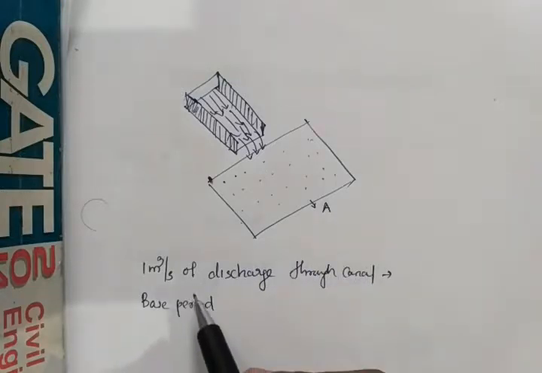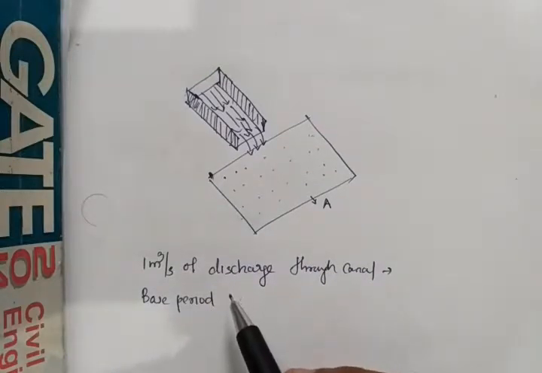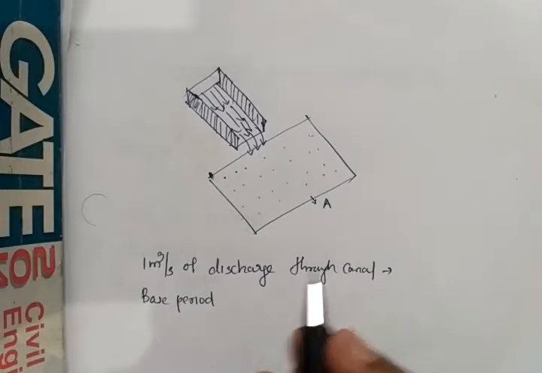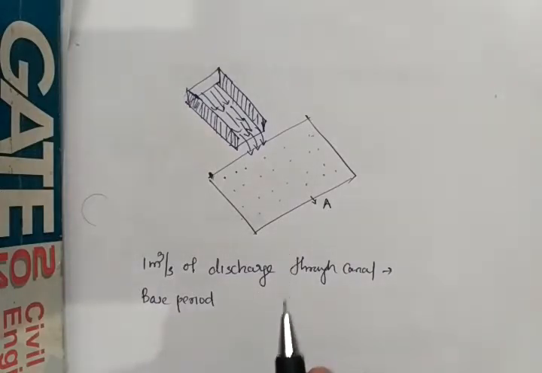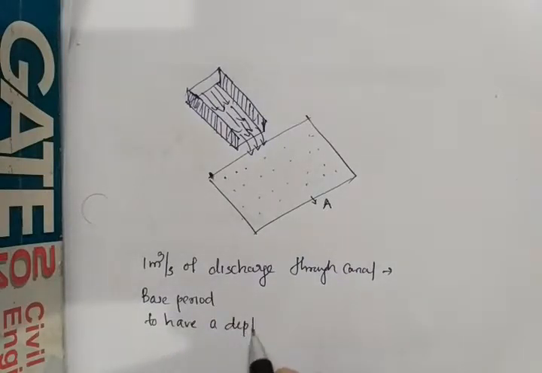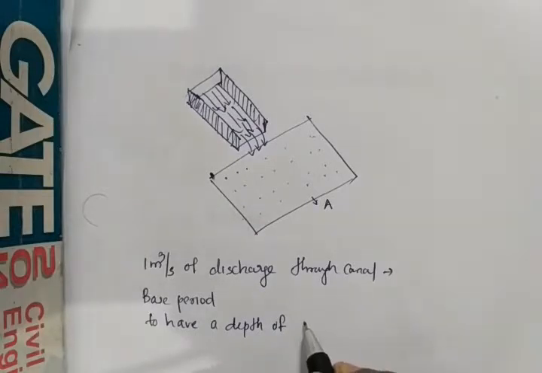You are running 1 meter cube discharge through the canal through the whole base period to have a depth of delta. So what is this delta? Delta is the sufficient water level required in the field to grow the plant.